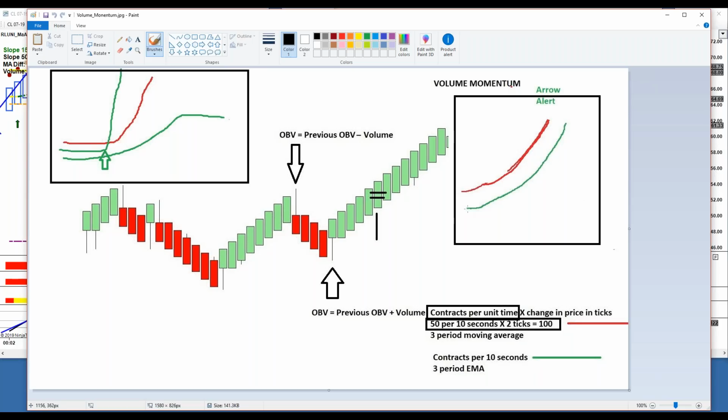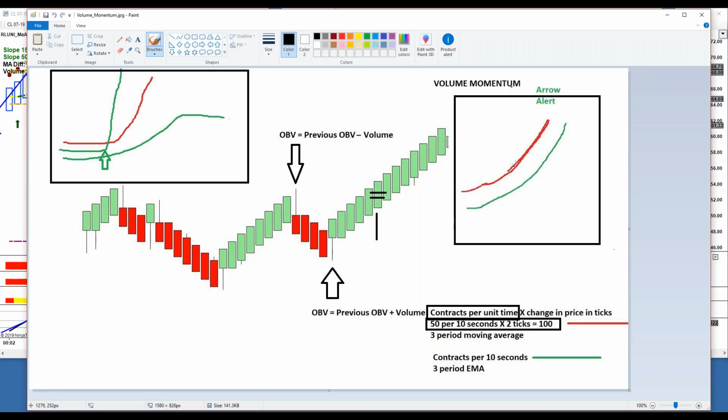So if increasing volume and the slope of it is associated with increasing price with the same slope, it's just not a trade that you're particularly interested in based on this indicator.